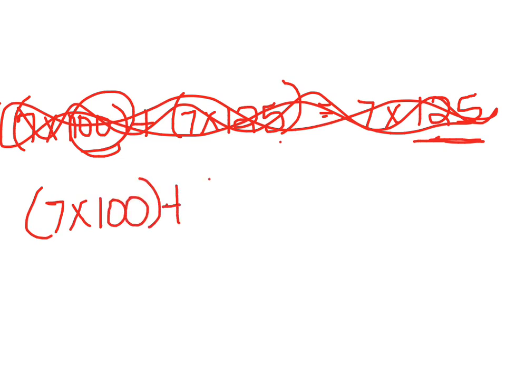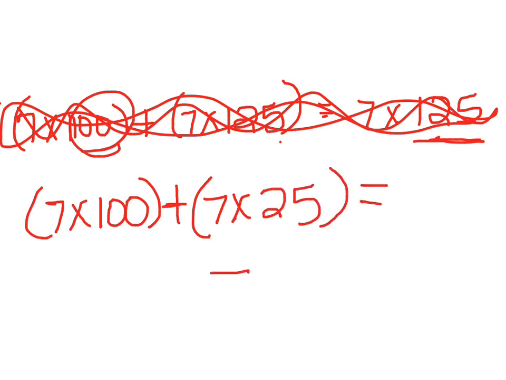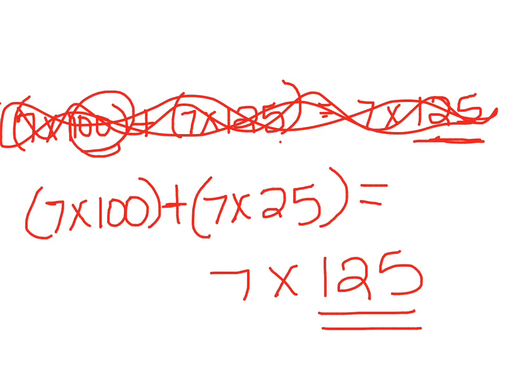So they took this 125 and they broke it into 100 and then 25. Okay, that's a distributive property. So number 8 would be distributive property.